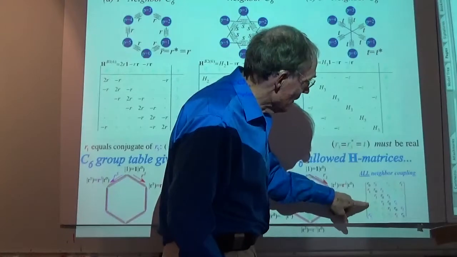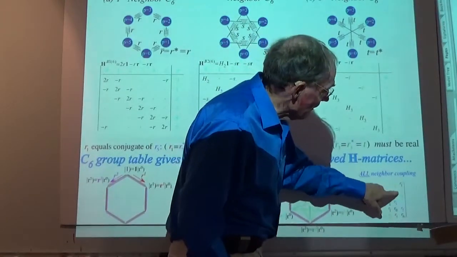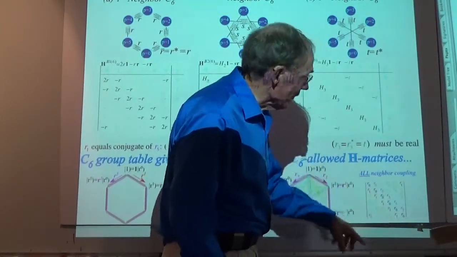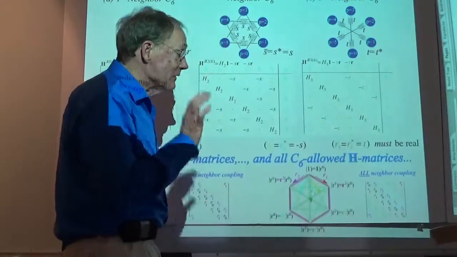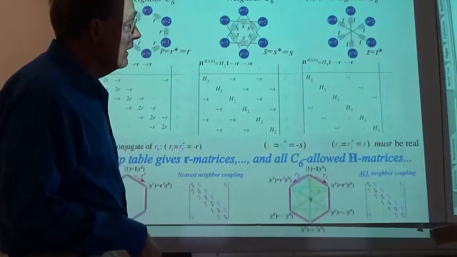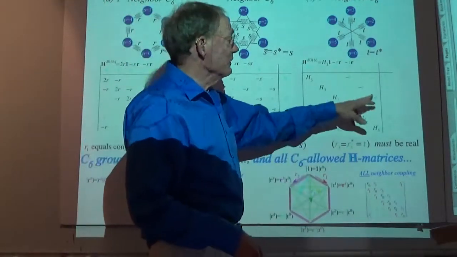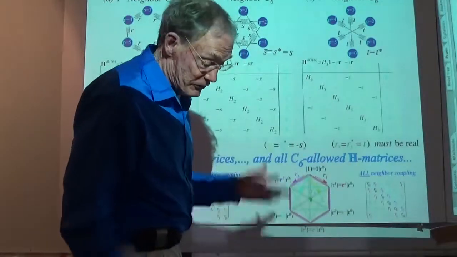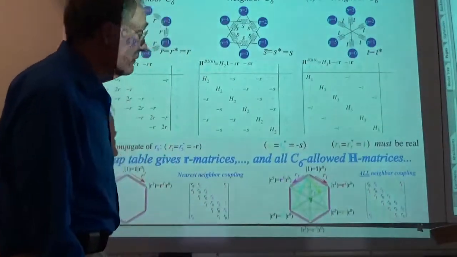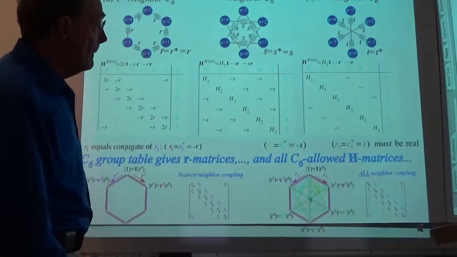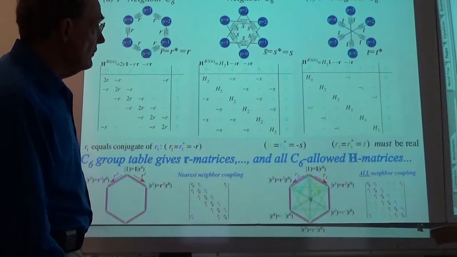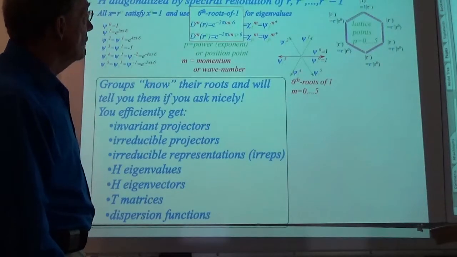There'd be R3 right opposite R3 on this side. So if I demand that they be Hermitian, I can't have them be complex. So this would just be a T. I'm putting the minus on because it's the same kind of coupling that requires that physically. All right, so that's the situation for this.